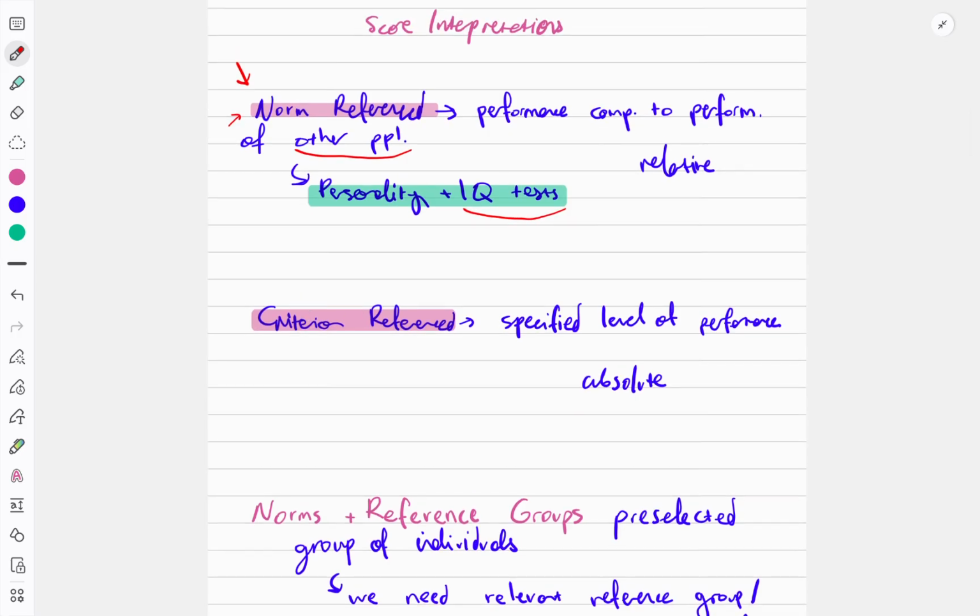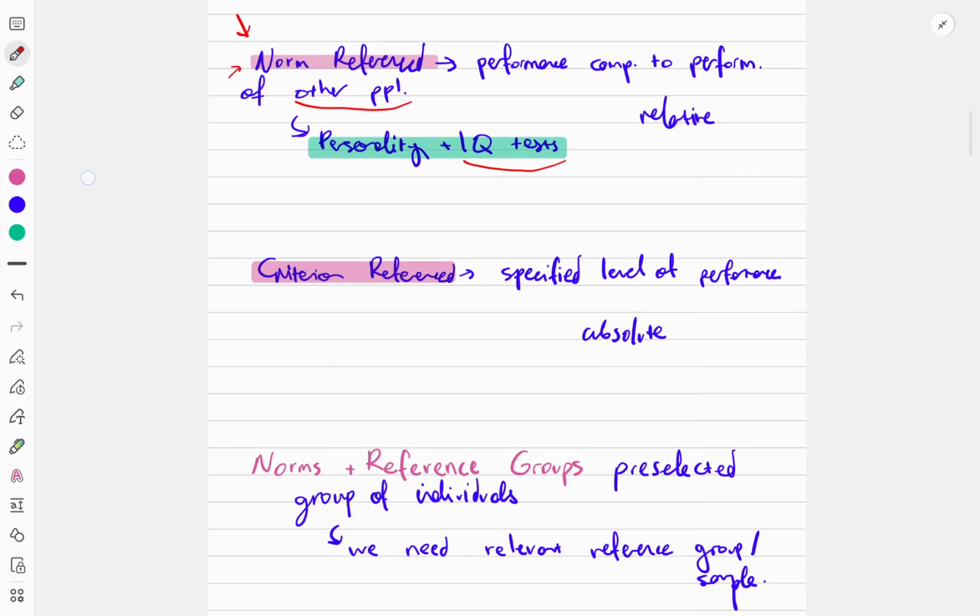So it's absolute. For example, I'm teaching you some subject in math and I'm testing you just to learn if you really understood the subject. I'm not trying to compare your performance to anything else. I just want to know if you understood what I taught you. So it's just criterion reference.